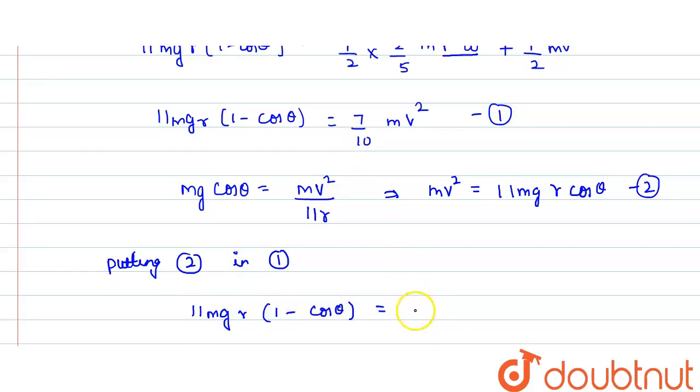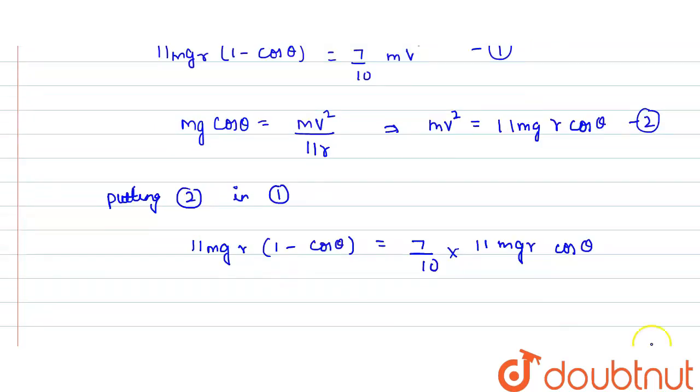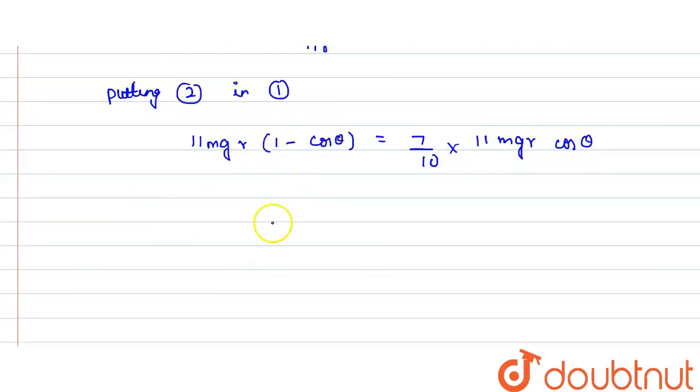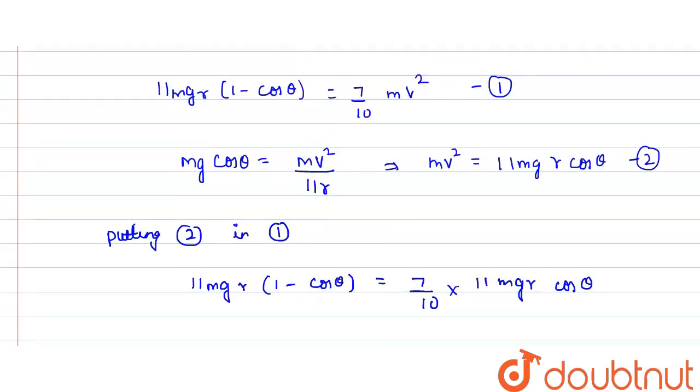Now here the coefficient is 7 by 10, and here the value would be 11 times mgr cos theta. Now the factor 11 mgr would be cancelled from both sides. If we calculate the value of cos theta, it would turn out to be just 10 divided by 17. This would be the value of cos theta. Now we can put the value of cos theta into this expression, then we can get the value of velocity.